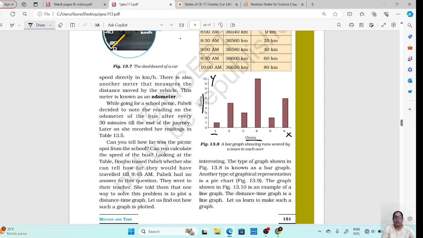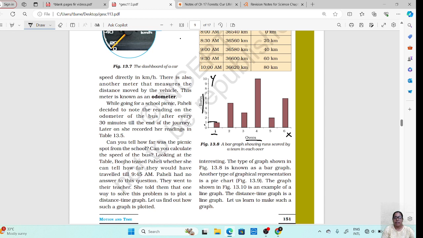In the first over, the number of runs scored by the player is 1, because you can see that the bar is ending at 1. These are the number of runs scored by the player: 1, 2, 3, 4, 5, 6. So the maximum number of runs scored by the player is 10 runs in 6 overs.